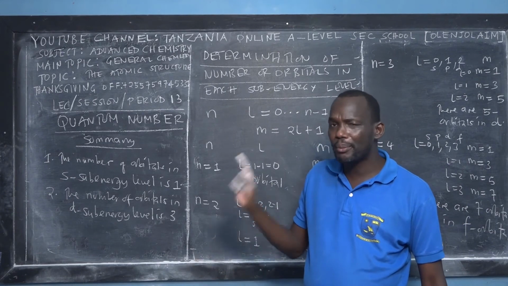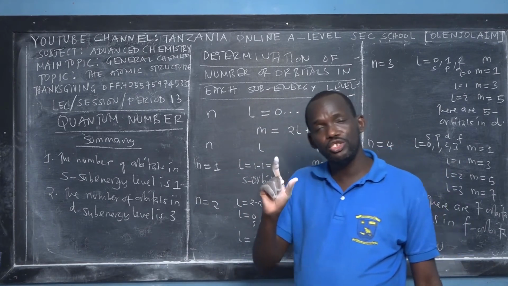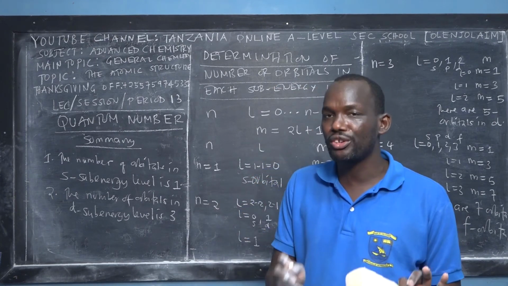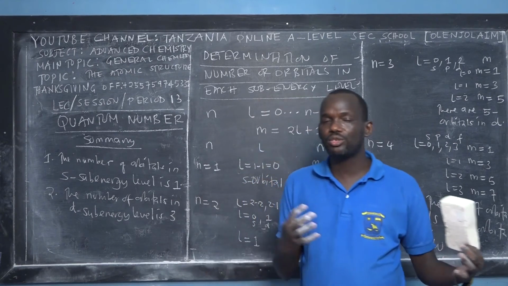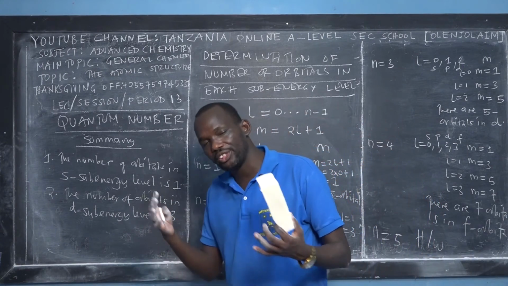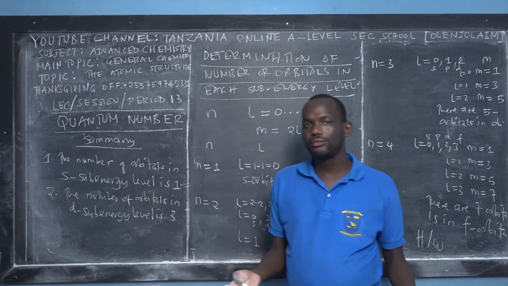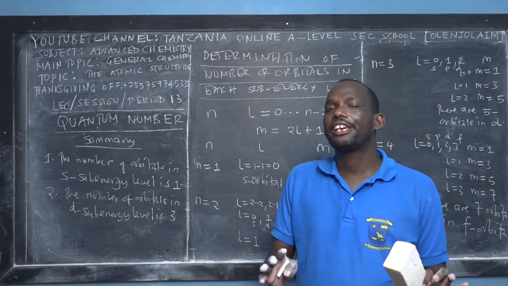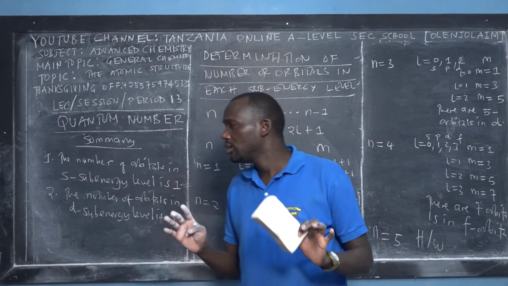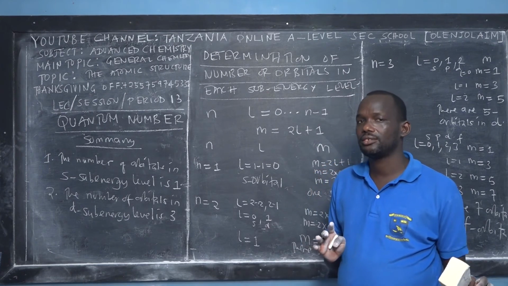This is very important because in the next lecture, I will teach you how to write the electronic configuration. The way we write electronic configurations depends on the number of electrons we find in an element or in an atom. So you have to follow carefully and be serious in this stuff. Otherwise, I will leave you somewhere else.